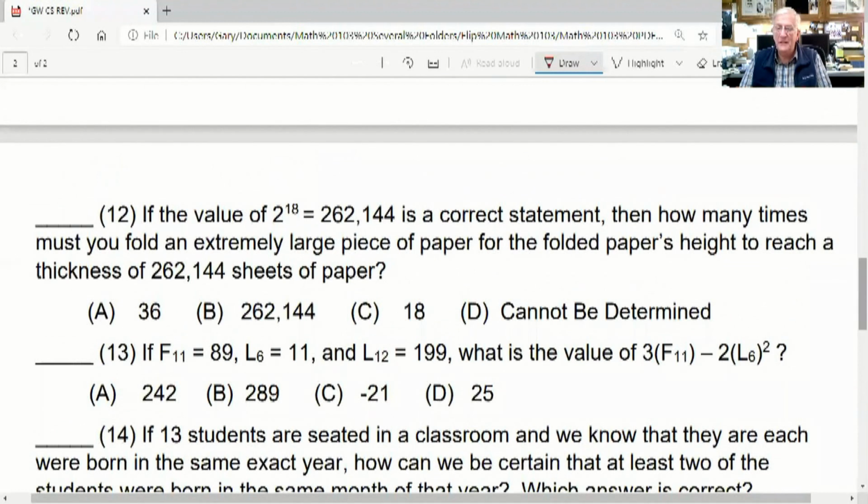12. If the value of 2 to the 18th power is 262,144, if that is a correct statement, then how many times must you fold an extremely large piece of paper for the folded paper's height to reach a thickness of 262,144 sheets of paper?